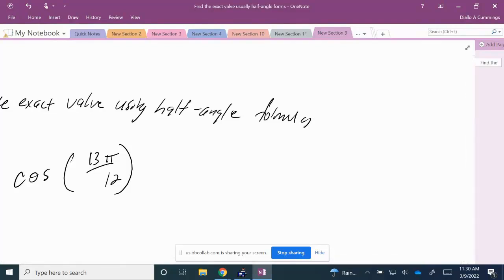So if we refer to the formula sheet, give me 1 second, I'm going to bring that up.